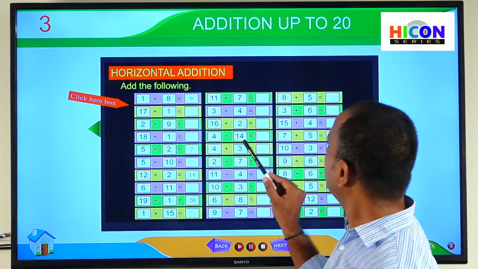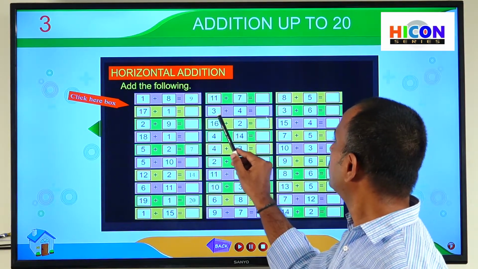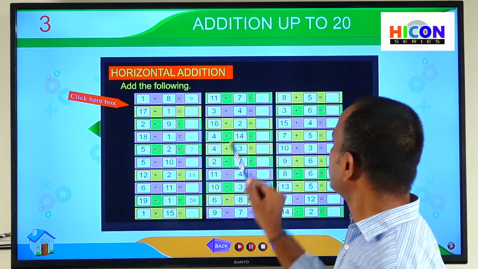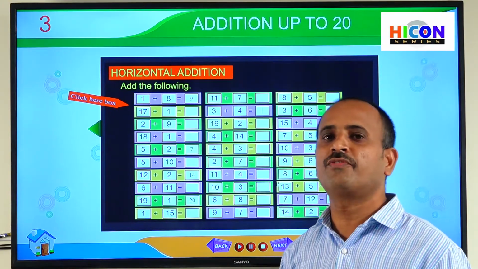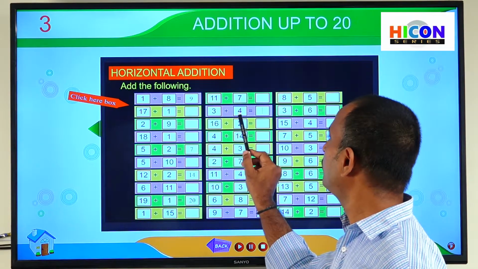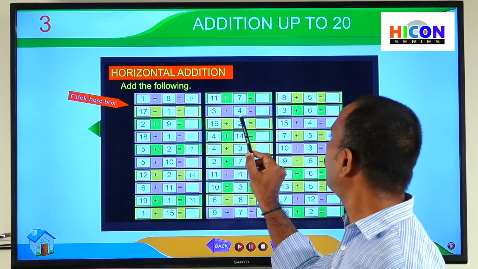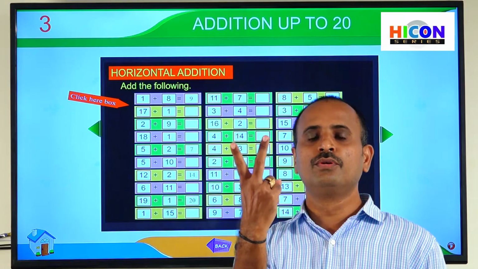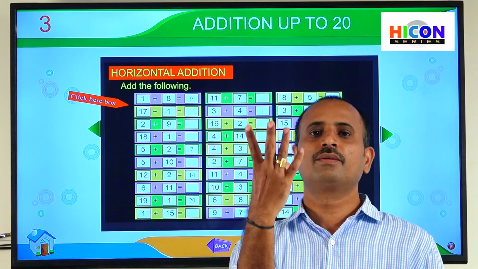So children, see this one. 3 plus 4 is equal to how much? This addition can also be done by using our fingers. So what is the first number in this addition? 3. And what is the second number? 4. So open 4 fingers of your hand. So 1, 2, 3, 4.